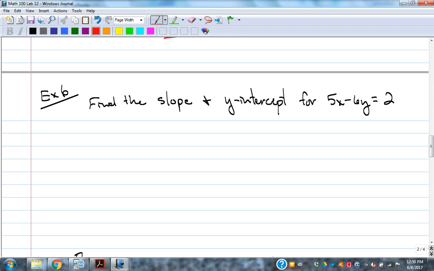And then example 6, we're asked to find the slope and the y-intercept of this equation. So I'm going to take 5x minus 6y equals 2 and get it in slope-intercept form, and I'll have the slope and the y-intercept. Nice, easy package there. Subtract 5x from each side.